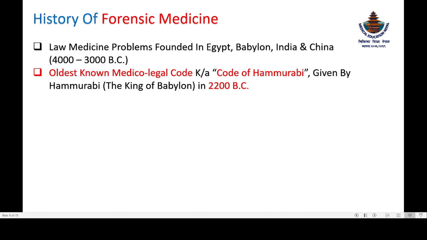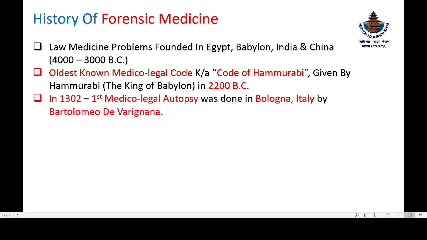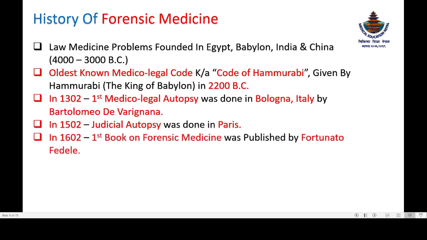Hammurabi was the name of the king of Babylon, and this code was found in 2200 BC. In 1302, the first medico-legal autopsy was done in the city of Bologna, Italy, by Bartolomeo di Varignana. These facts are important for your viva. They are sometimes asked by the teachers, so you must learn them.